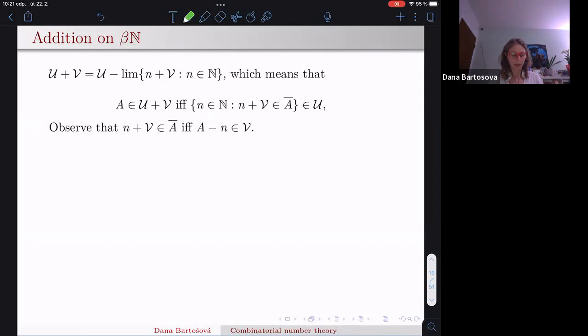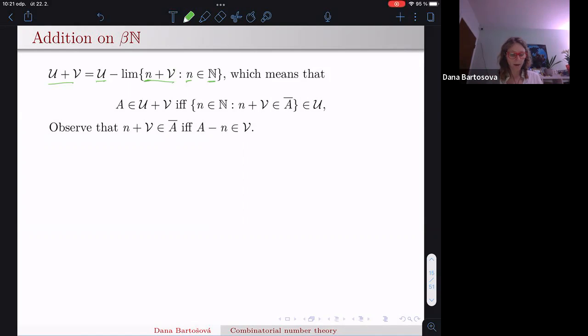So in terms of u limits, we have that u plus v is the u limit of the sequence of the function that goes from n into beta n, which is by fixing the v and running n over natural numbers, right? So this goes exactly with how the extension property worked into an arbitrary compact space.